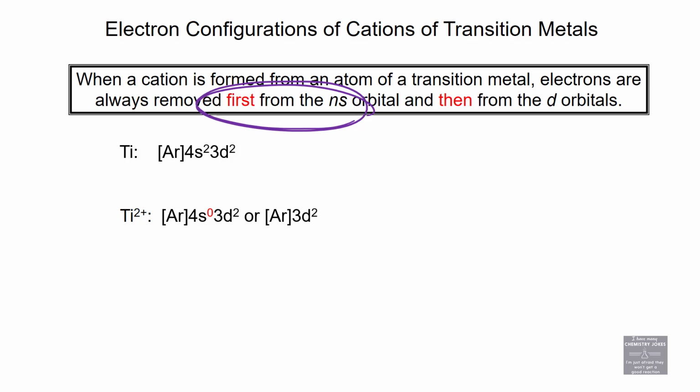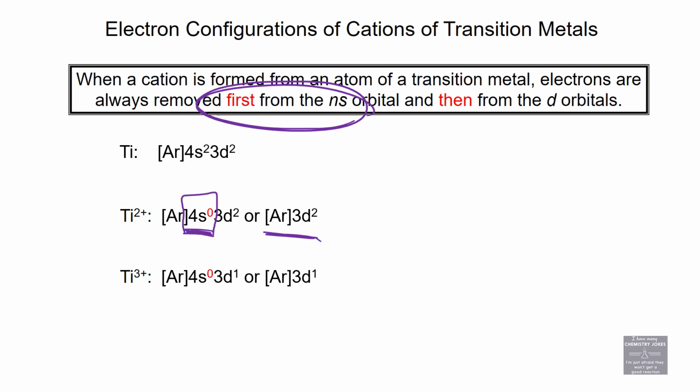This empty 4s is almost always left out, but sometimes you might see it there as an indicator that it used to have electrons and it's now empty. This is what we really see most of the time. If I make a titanium 3+, only after my S is empty do I pull from the D. So titanium 3+ becomes argon 3d1.